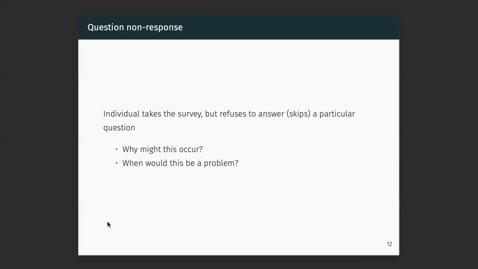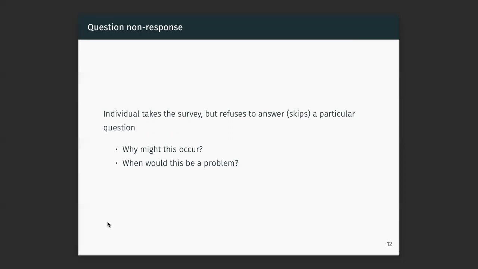And so there might be a pattern where we have social pressures or social stigmas around particular things that might make people uncomfortable answering them on surveys, and they might choose to skip them. Okay? There could be all kinds of reasons for item non-response, though, right? Stigma is just one, but there could be all kinds of other reasons why people might choose not to answer questions.